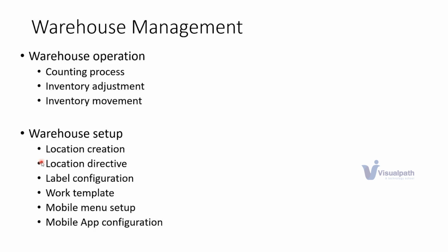All of those we define in the location directive, and for each operation, like adjustment, sales, and movement, we need to define the location directive. Guys, is it clear, or any questions?